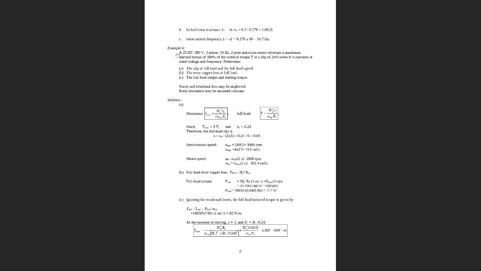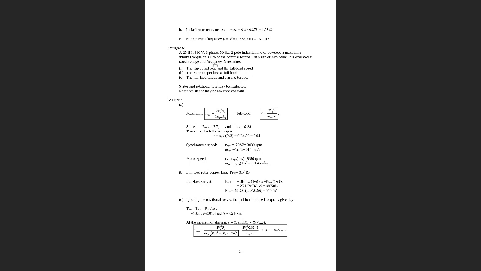Now, the values given here are the testing values: a 25 horsepower, 380 volt, 3-phase, 50 hertz, 2-pole induction motor. This sentence gives you all the information on the motor. It develops a maximum internal torque of 300% of the nominal torque, at a slip of 24%, when it is operated at rated frequency and rated voltage.